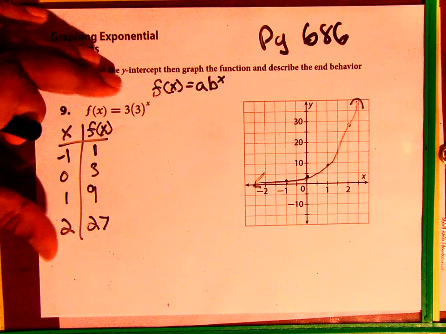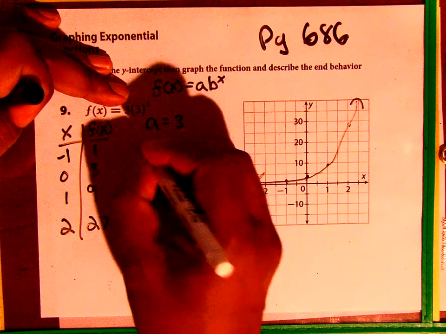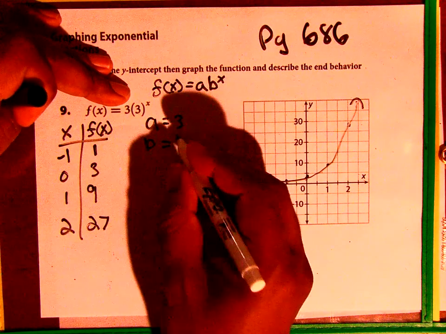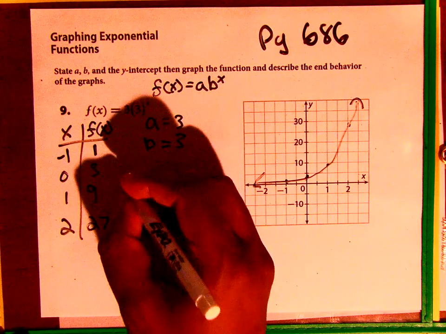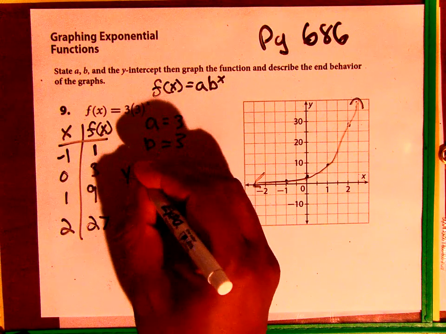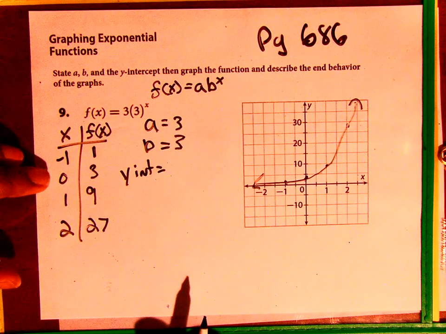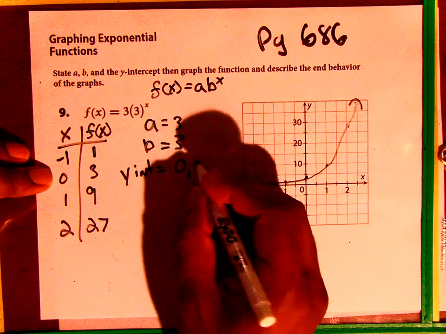So A is going to be 3, and B is equal to 3 as well. The Y-intercept is wherever you put in 0, what do you get for y? That point is the Y-intercept.